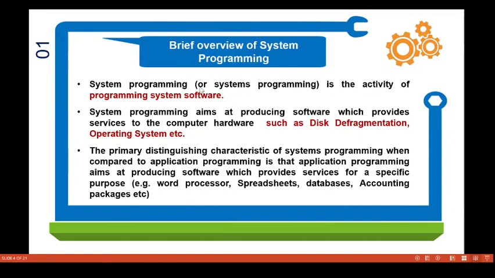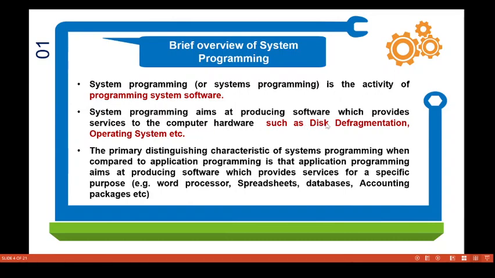So system programming, or we call it systems programming, is the activity of programming system software. So it's all about creating system software. And also system programming, in another concept, aims at producing software which provides services to computer hardware.